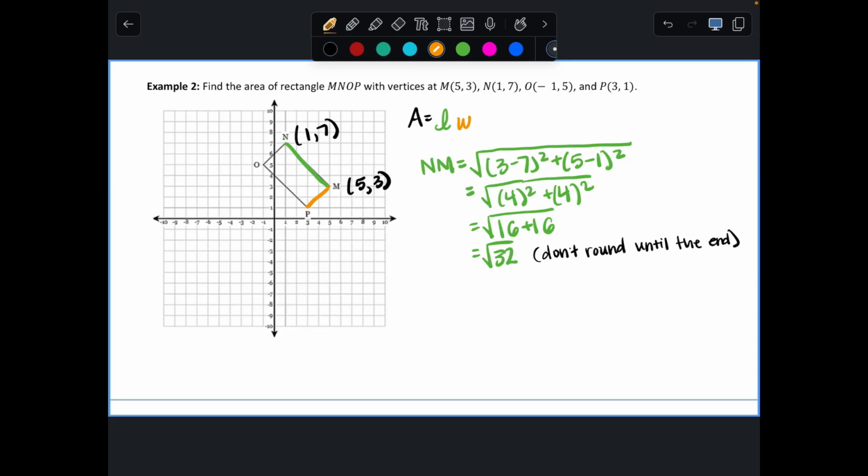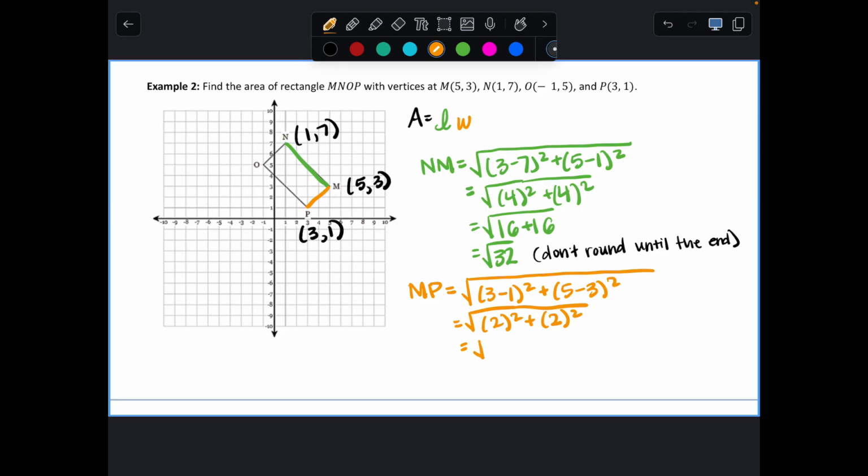Now let's calculate the shorter side. And my other point here is 3, 1. All right, so that one's the square root of 8. Again, I'm not going to convert it. Now I need to calculate the area.